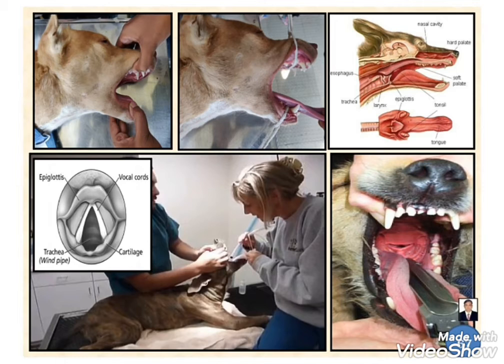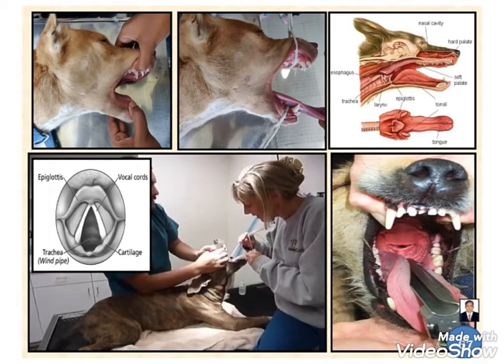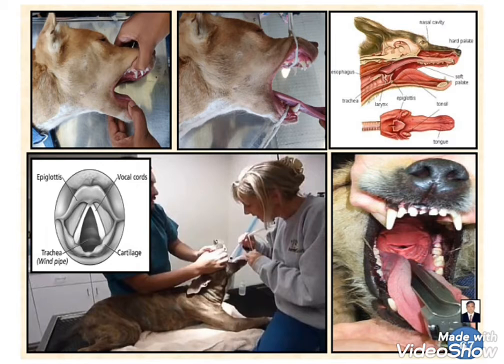So after shifting of the animal, either sternal or lateral recumbency, the retainer should fully extend the upper and lower jaw by using cotton strings and pull the tongue in the downward direction for better visualization of the laryngeal region. Do not push the neck of the animal in the ventral direction, which obscures the laryngeal anatomy.